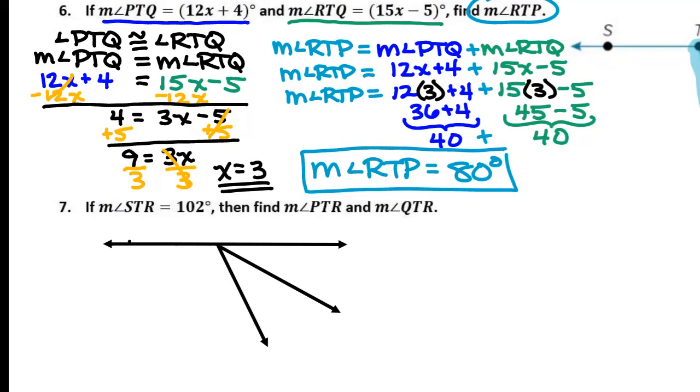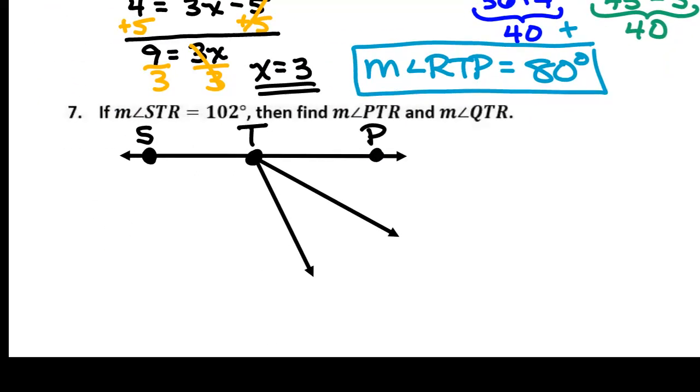All right, so I have point S here, point T here, point P here, and then we have R and Q.